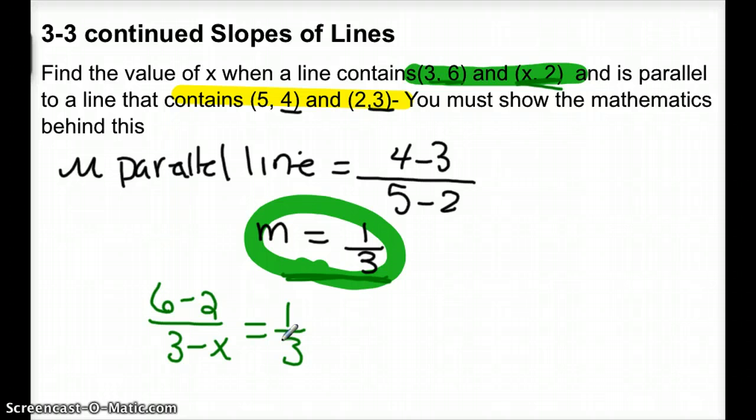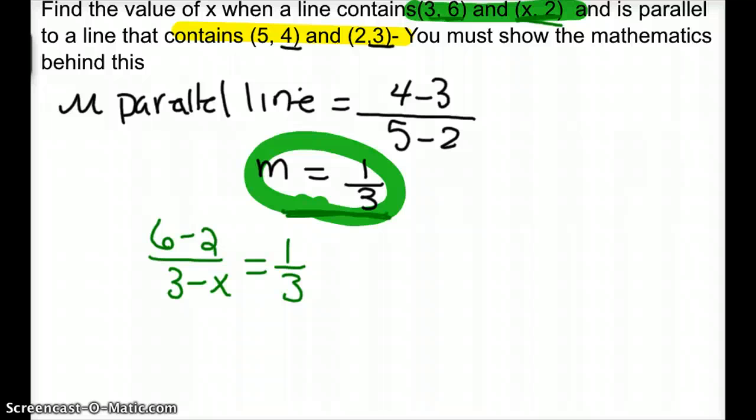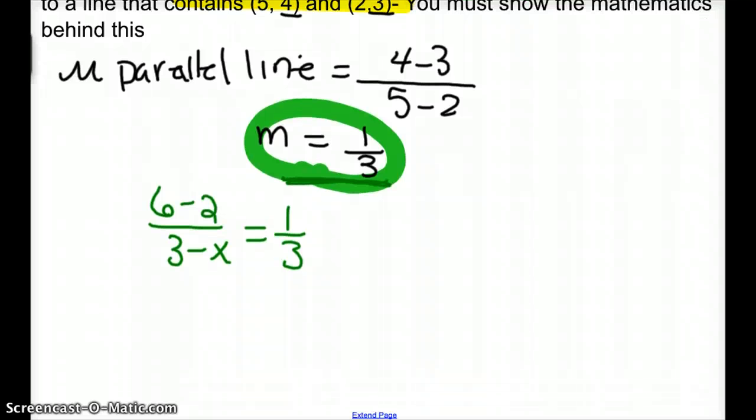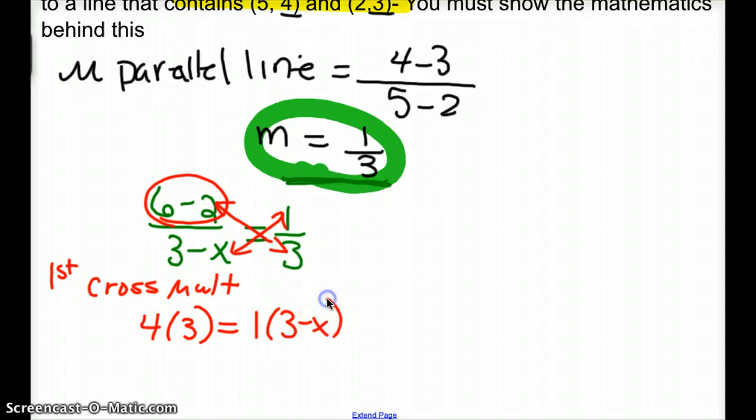Now there are a couple of ways that you can do the mathematics behind this. This is a proportion. The first way you could solve this is by cross multiplying. 6 minus 2 is 4 times 3 equals 1 times 3 minus x.